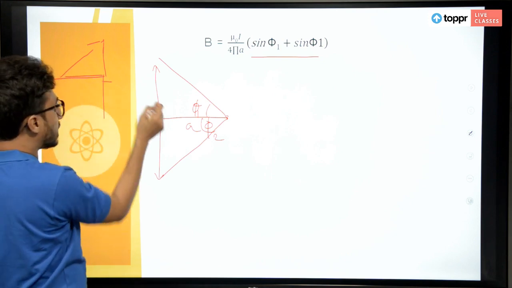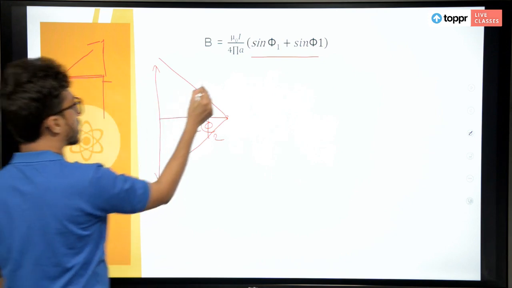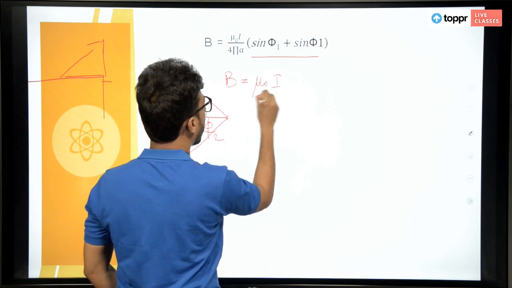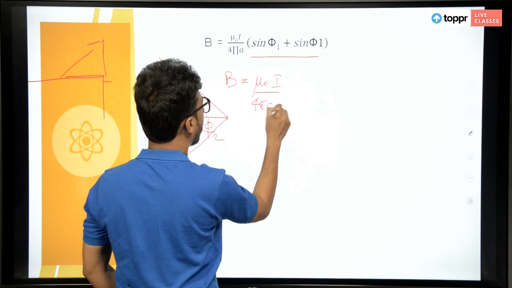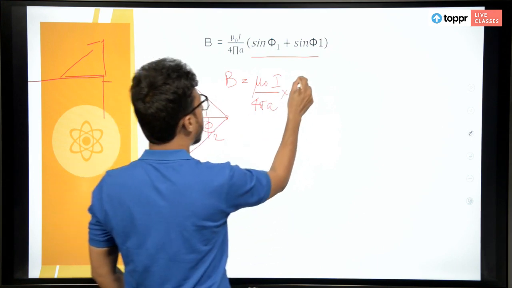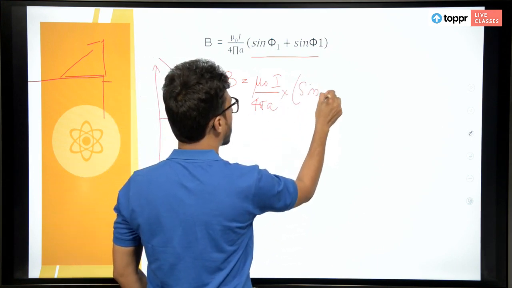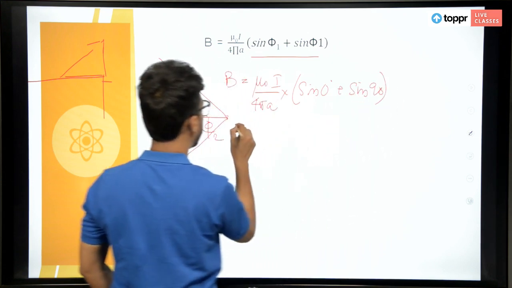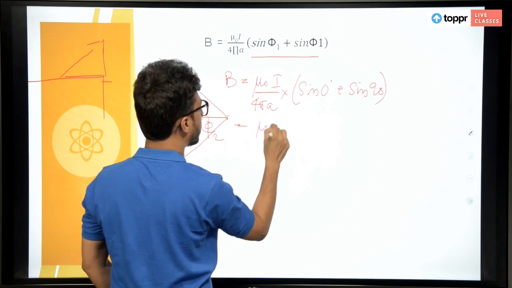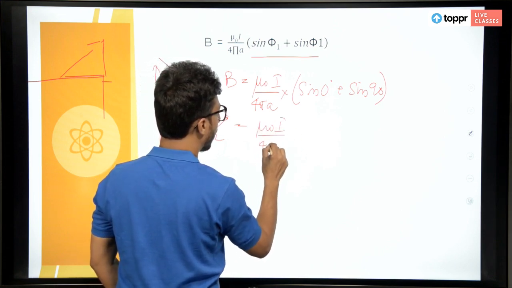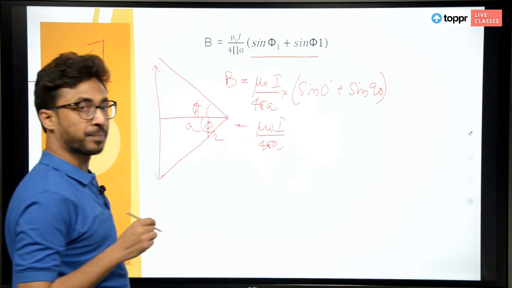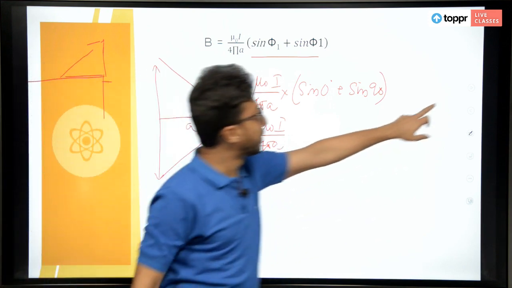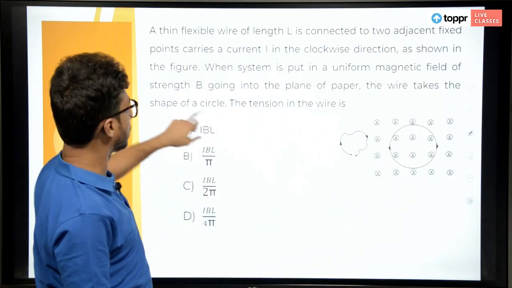So B for this orientation will be nothing but mu 0 I by 4 pi A into sine 0 plus sine 90, that is 1, so it is mu 0 I by 4 pi A, right?